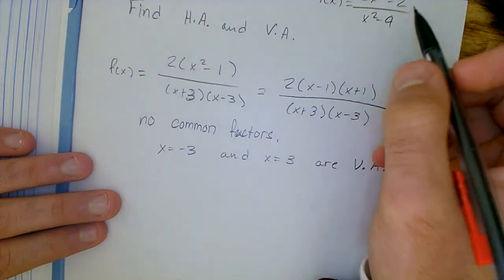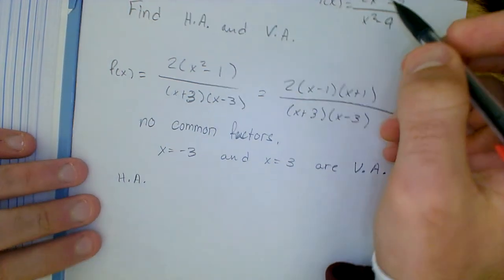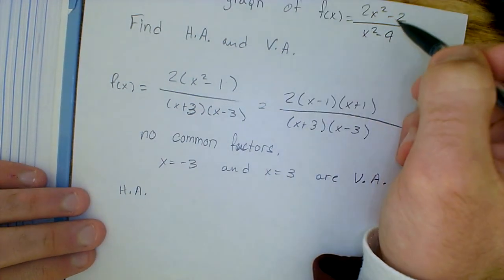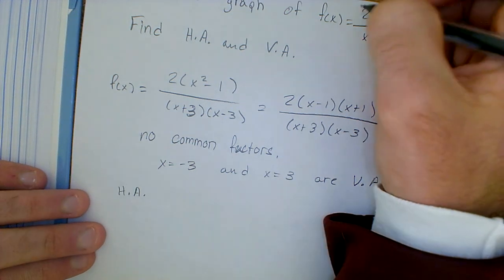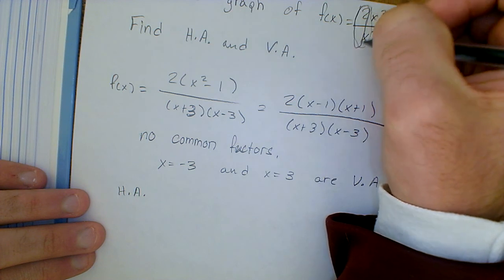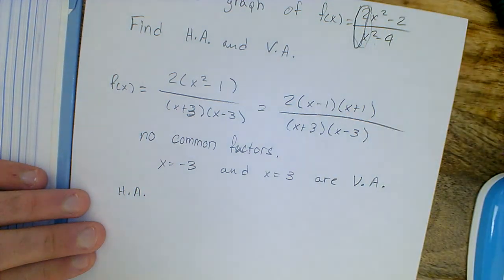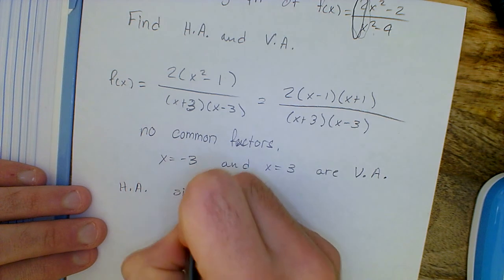All right, so now let's find the horizontal asymptotes. If we go back to the original form, we have a degree 2 polynomial here and a degree 2 polynomial here. So we need to look at the leading coefficients. I should have circled this: 2 over 1.